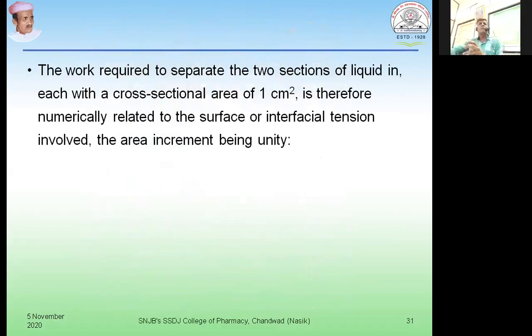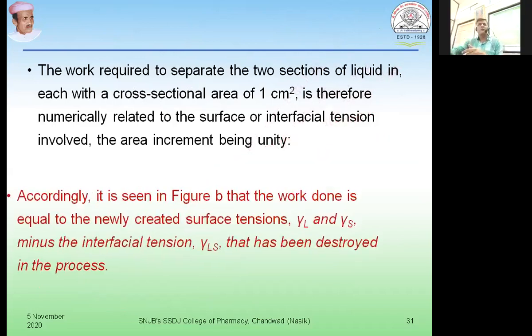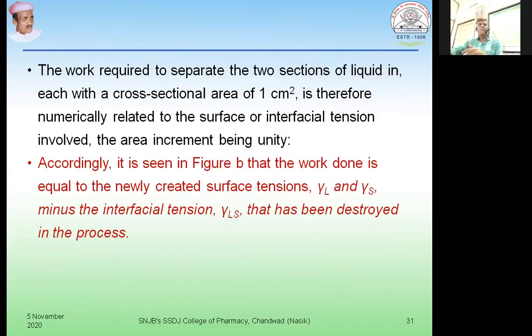So the work which is being required to separate these two molecules of two different liquids is work of adhesion, and this can be given by the equation WA is equal to YL plus YS.